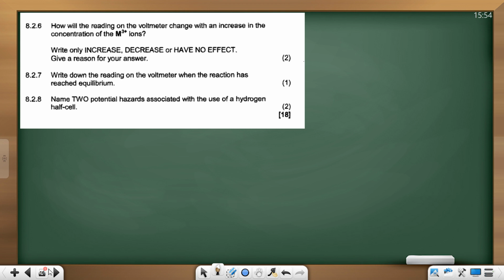I'll think of the second one right now. The first one coming to my head right now is that hydrogen is flammable, all right, because it's used as fuel.